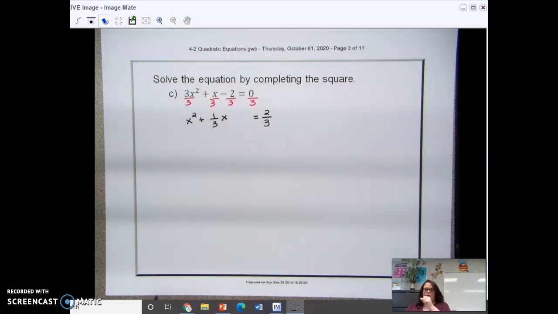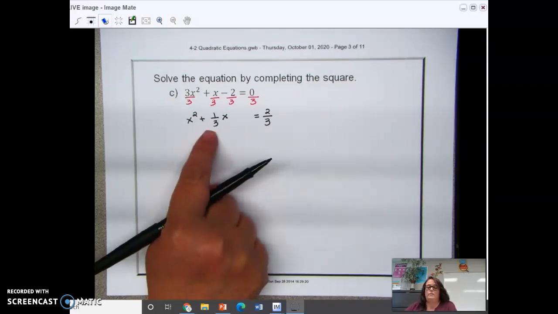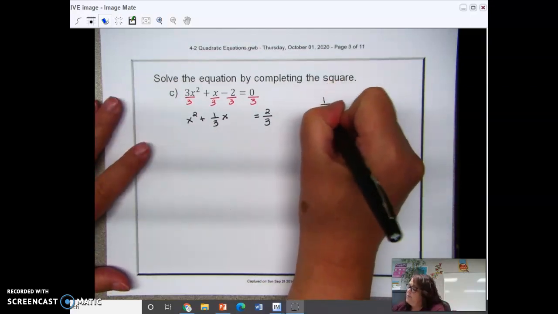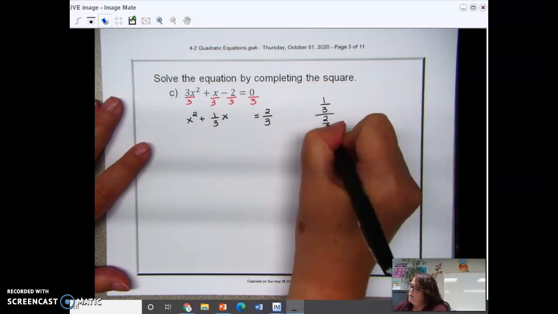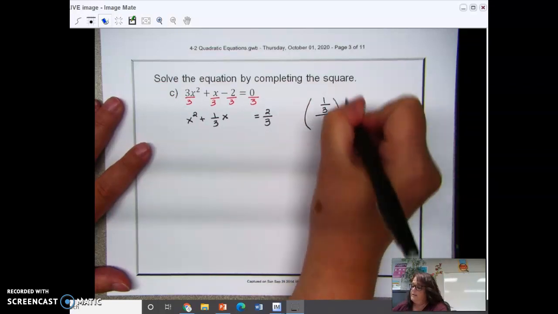So again, this is slightly different than the examples that we've seen because now I have a fraction in the middle instead of a regular number. So normally I would take that fraction and put it over 2, but that looks kind of weird here. So I'm going to put it over 2 over 1 and square it.